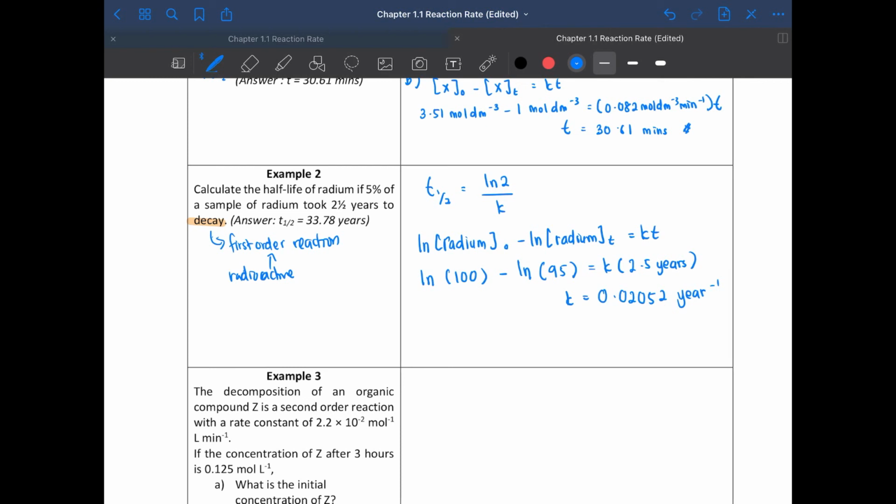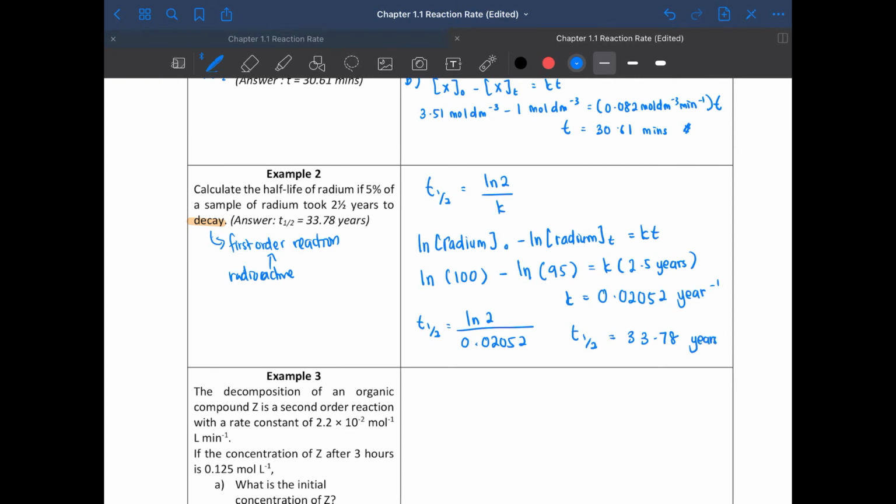Alright, so kita dah ada K, then kita back to our main focus adalah nak cari half-life by using this formula. So substitute lah. So T half equal to ln 2 over K, K kita adalah 0.02052. So tekan calculator, T half sepatutnya equal to 33.782 years.